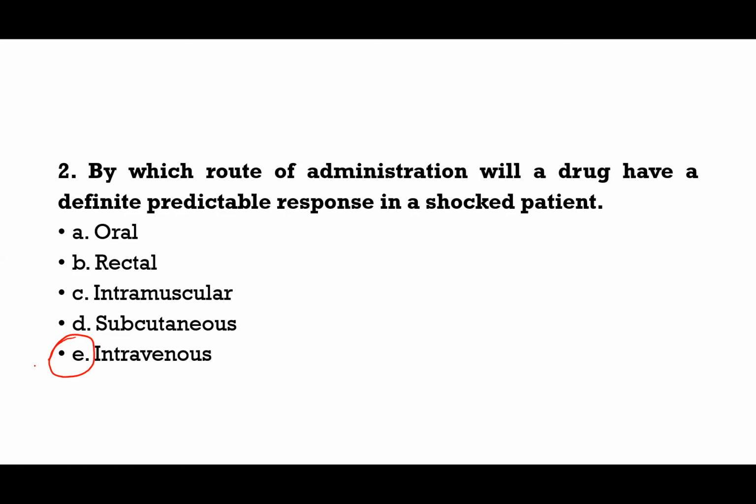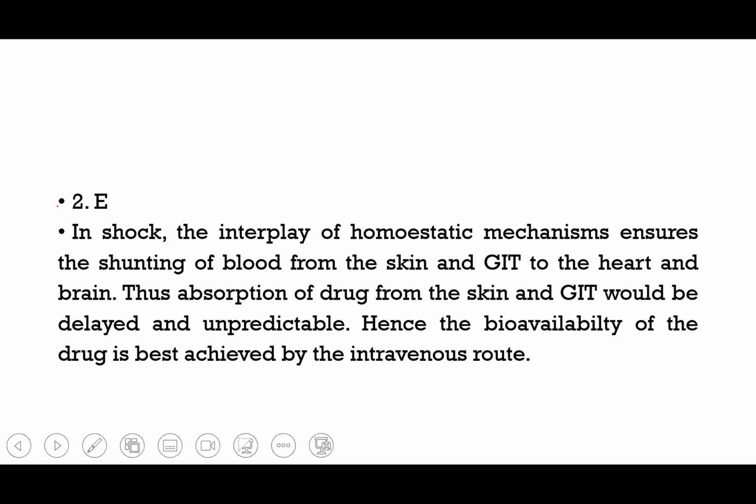When there is peripheral and splanchnic diversion of blood, that means in the intestine, oral absorption, if you take drug via the oral route, if it gets to the intestine, absorption is impaired because there's diversion of blood from the splanchnic circulation. Intramuscular, the same. There's diversion from peripheral circulation and subcutaneous. So intravenous is the more predictable.